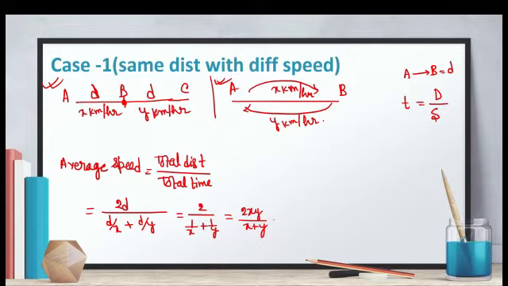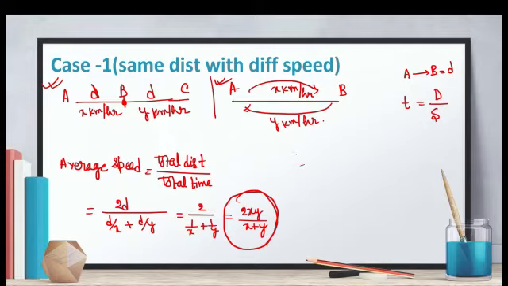So average speed we get is 2xy upon x plus y, where x is the initial speed and y is the speed at the end. Over the same distance with different speeds x kilometer per hour and y kilometer per hour, average speed is equal to 2xy upon x plus y. This is the formula.